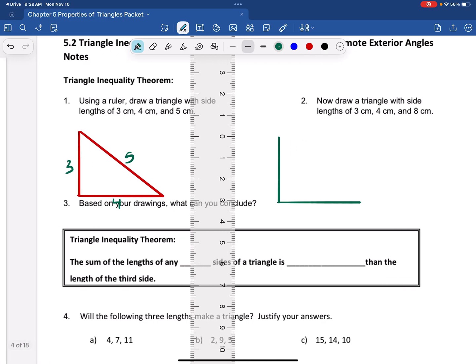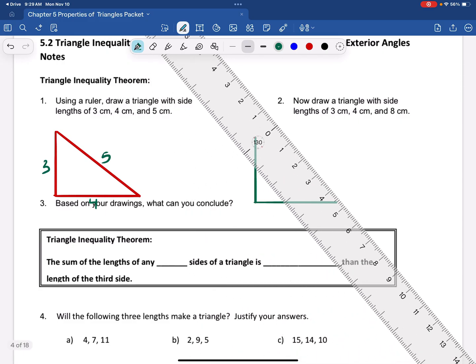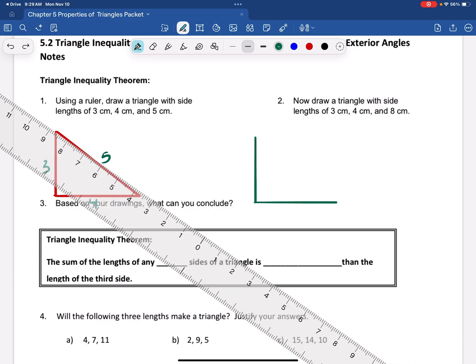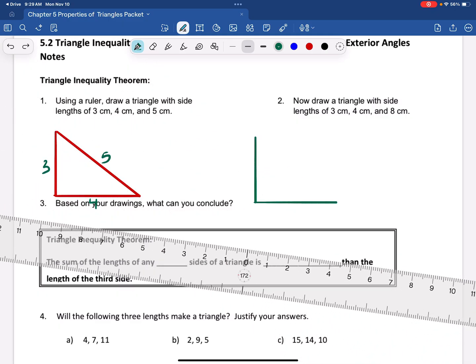Then I'm going to come over here, turn this, and I need an 8. Whoa, that is way too short. My 8 goes all the way out there. I can't do that.